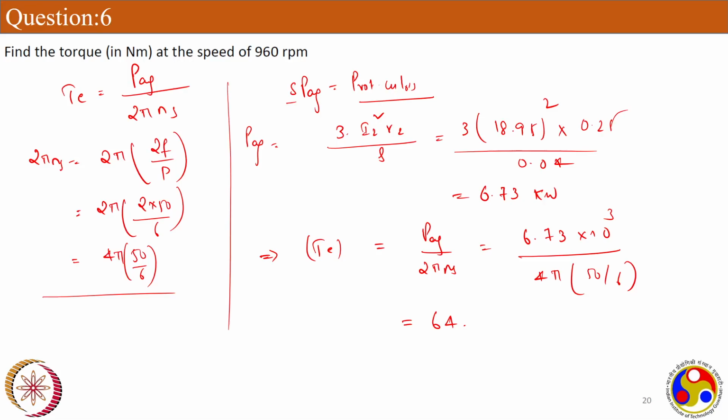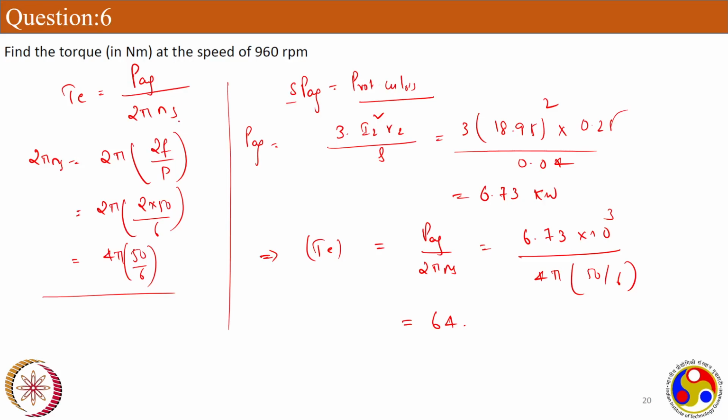This formula came from the derivation. If it is not the air gap power but the power of the rotor, the 2 pi Ns came from the synchronous speed only.